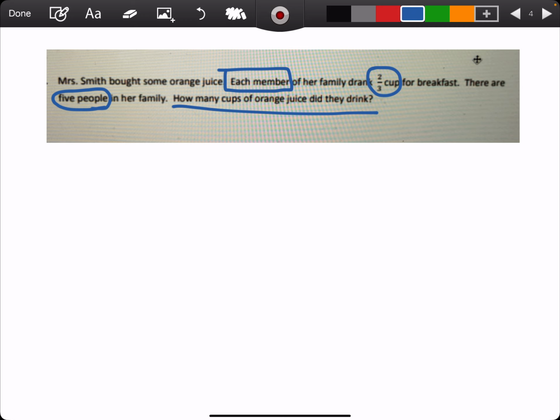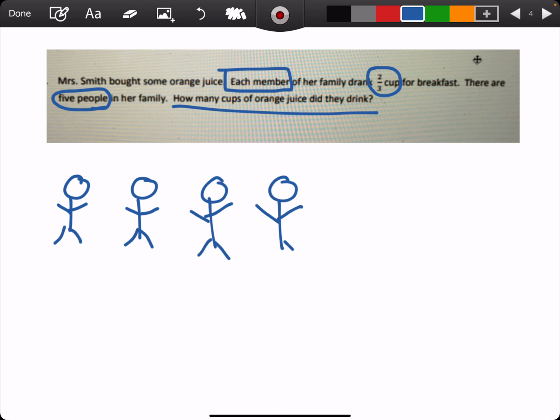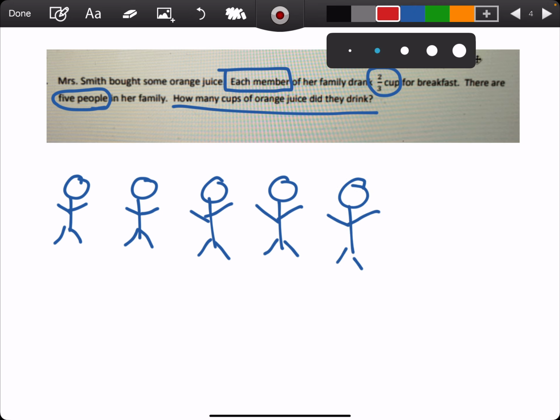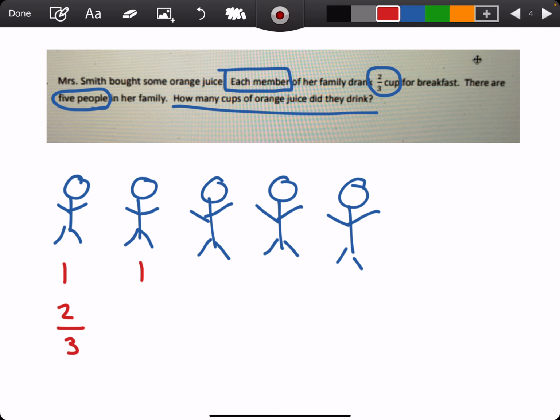So there's 5 members of her family. We don't have to do this, but this is just me visualizing the problem. There's my 5 members, and they each drank 2/3 of a cup, 2/3 of a cup, 2/3 of a cup, 2/3 of a cup, and the last person drank 2/3 of a cup. How much did they drink?